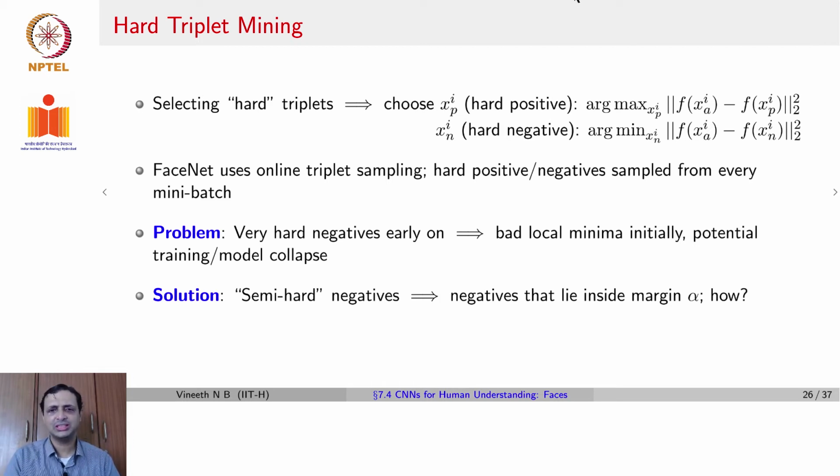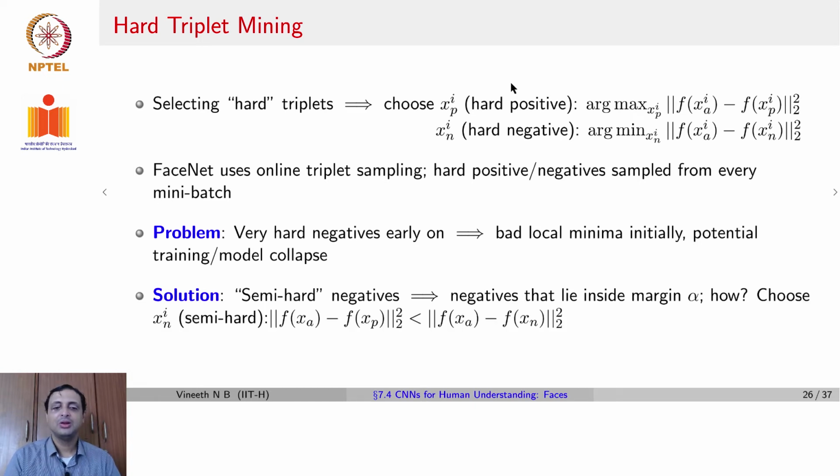So we want to choose those kinds of samples to start with. It may not necessarily be the minimum distance, but we want to choose a negative sample that is inside the margin. How do you choose such a semi-hard example? You can pick f of xa minus f of xp squared is less than f of xa minus f of xn. You ignore the alpha that we had, and this way you may end up choosing samples that are lying inside the margin while you train initially.